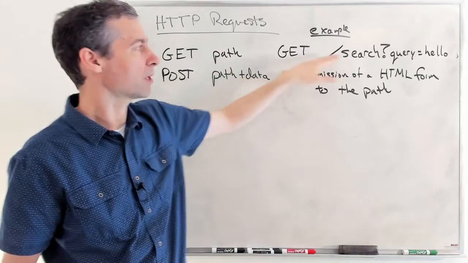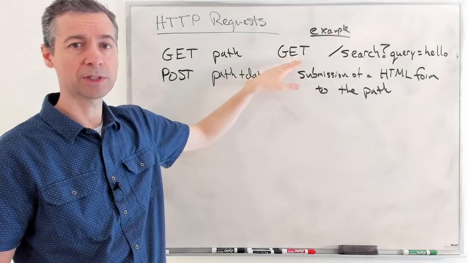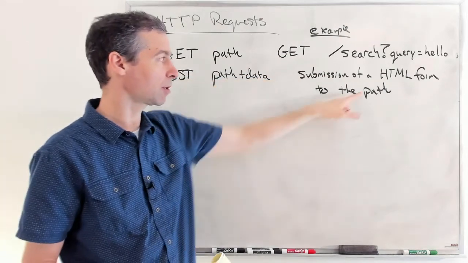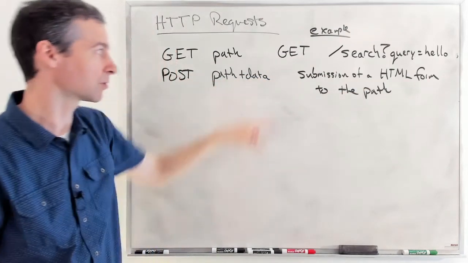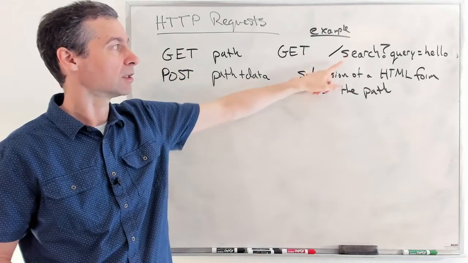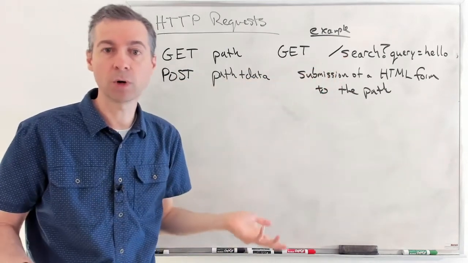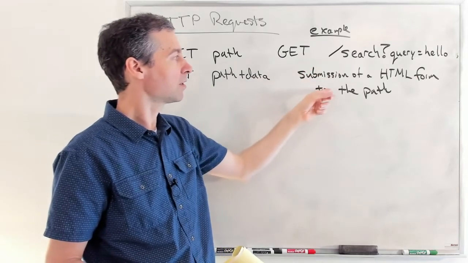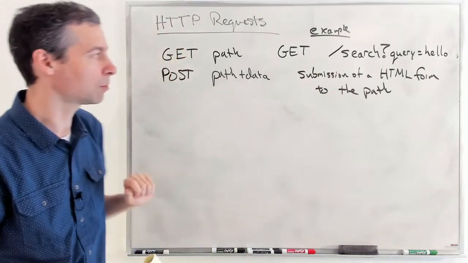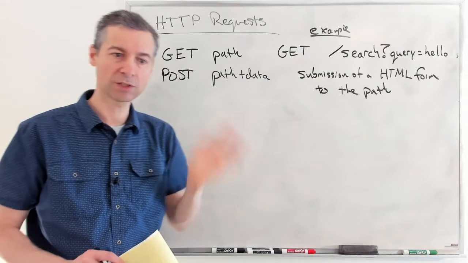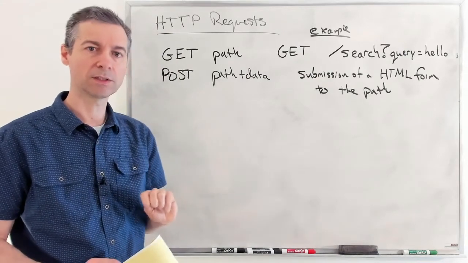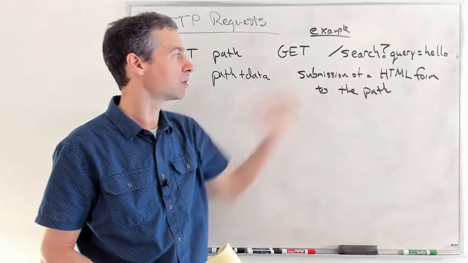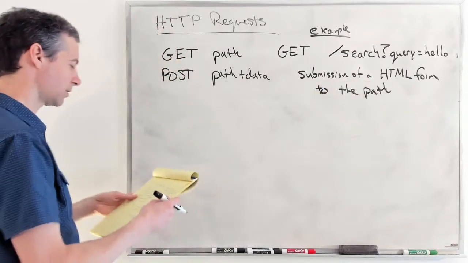These GET requests are generated by people clicking on links, okay? The POST requests are generated by people submitting HTML forms. A link is going to be some URL, and the URL would be for us. Then we've got a form on a web page that says send the data to this URL, and we would then receive that and process it.